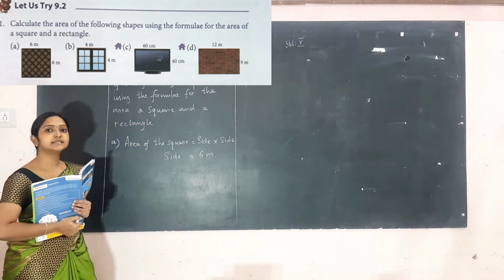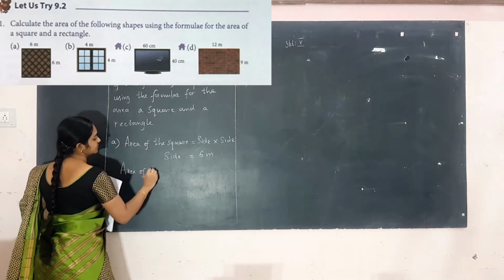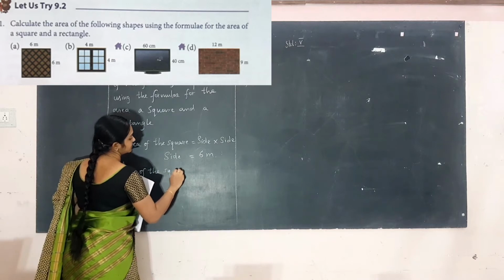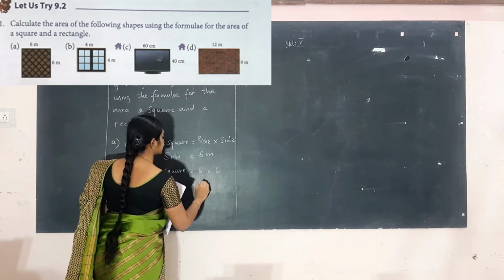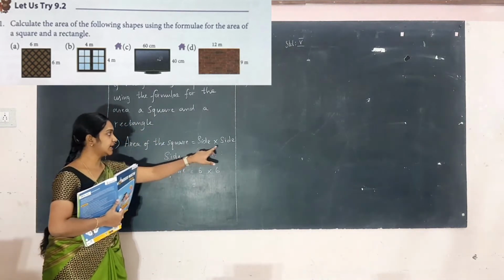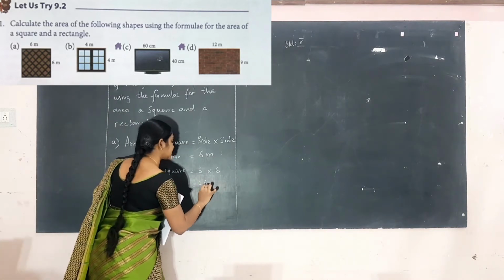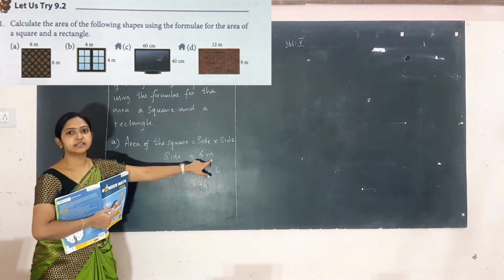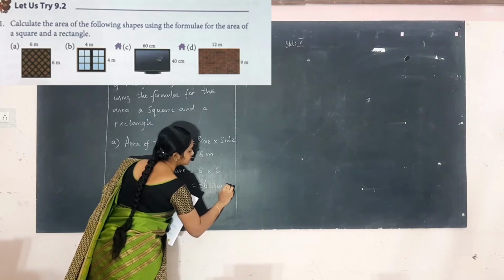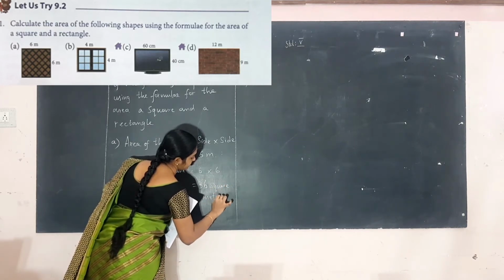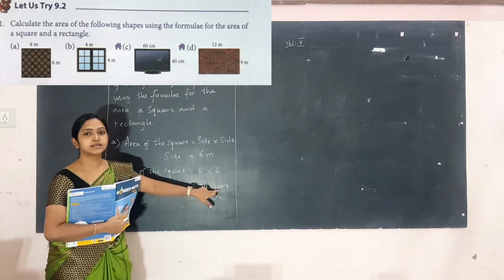So the area of the square is equal to 6 into 6, side into side. 6 into 6 is 36 and the unit given here is meter. So here we have to write it as square meter. Area of the square is 36 square meter.